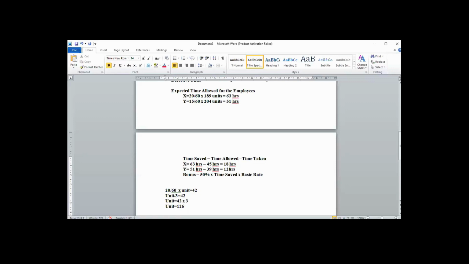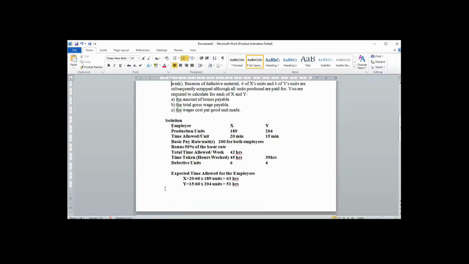Can we use one language? Can we say what you have calculated now is the expected time allowed, while the first working is the actual time? We said it here.